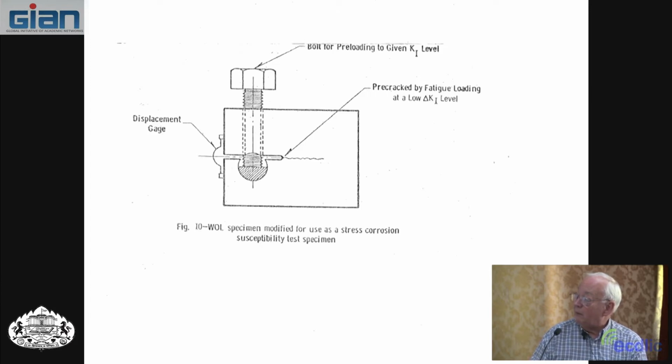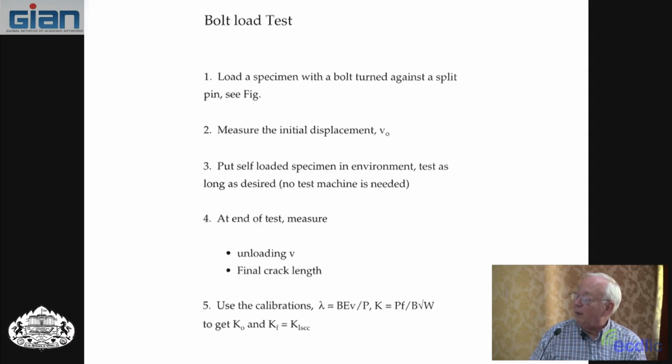Here is the compact specimen type, and instead of having 2 pinholes like you would do in a fatigue test or a K1C test, they put a hole here and then they thread it from the top down and put a bolt in there, and then they turn the bolt against a half pin. This is only a half pin. So you turn the bolt against the half pin, and load it that way.